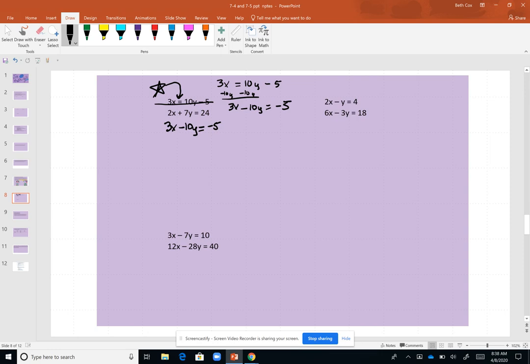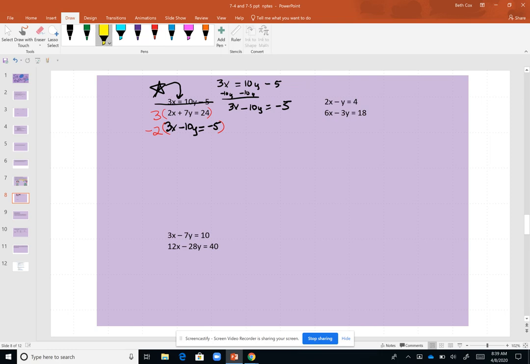Okay, so now I'm looking for, again, same number, different signs. This time I'm going to have to make changes to both of them. This one I'm going to multiply by 3, and this one I'm going to multiply by negative 2.